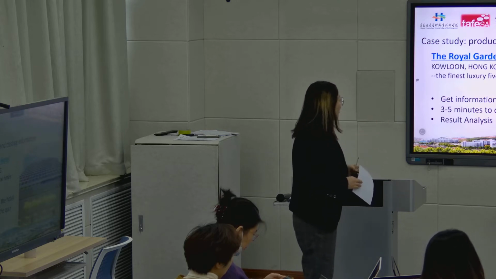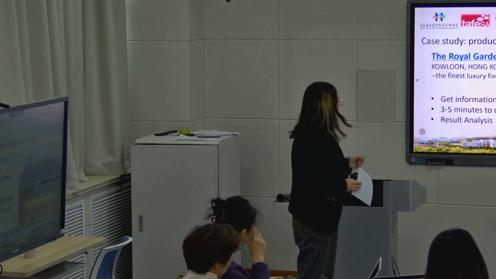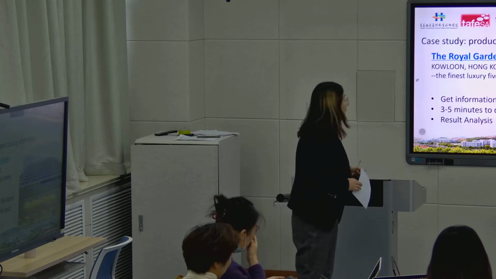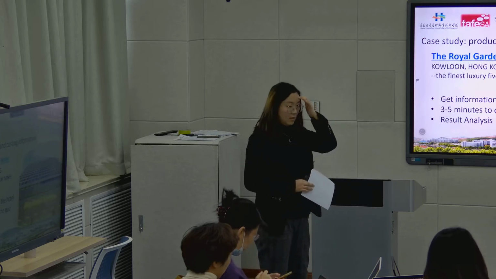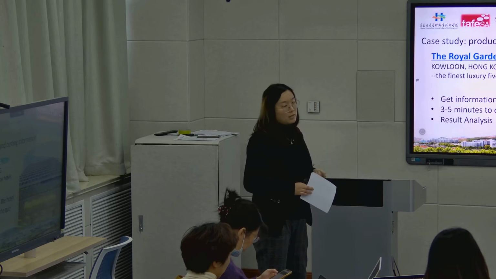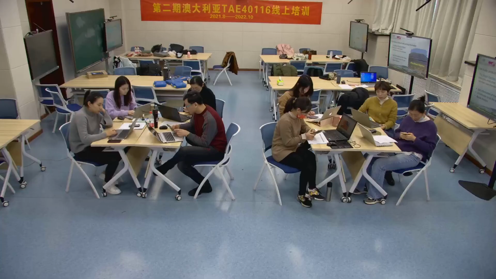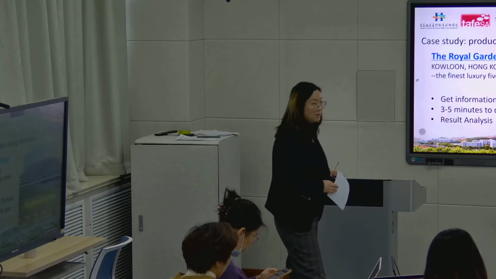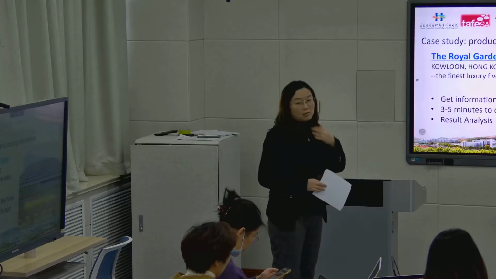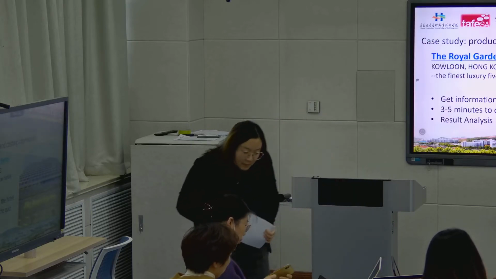The picture is the building of the hotel, right? It's beautiful, and it's the finest luxury 5-star hotel from Hong Kong. And I just said it is the sample hotel of the 45th World Skills Competition national trials in China. So it's a real one. Yeah. Can you find it? Yeah.